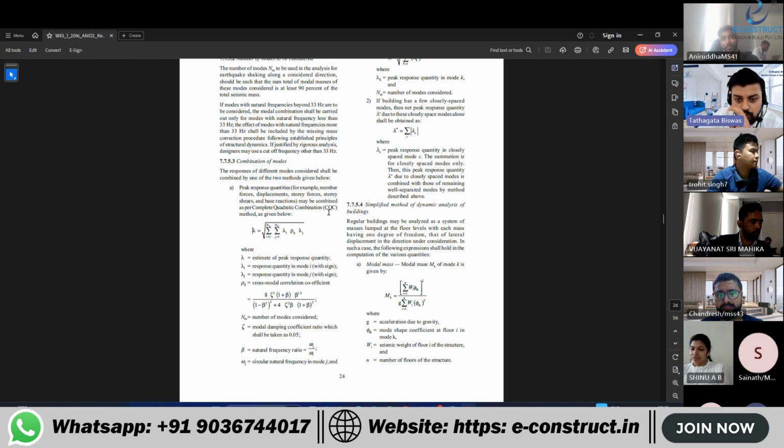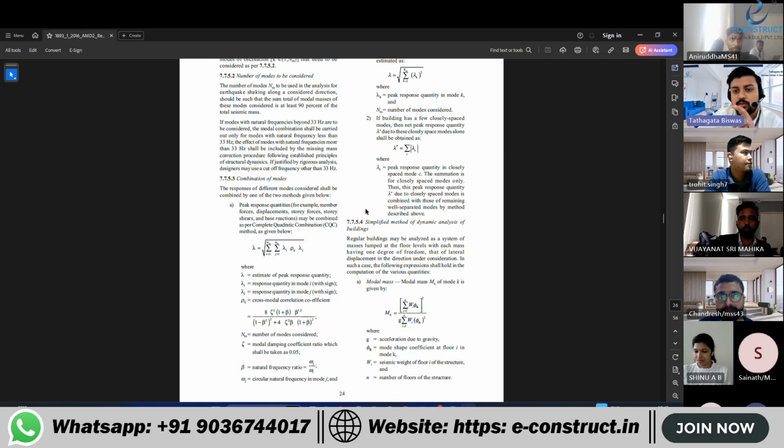The overlap or coupling between two modes is not at all considered in SRSS. That's why we say you keep the 10% difference very evidently since we are using SRSS combinations. But in CQC, even if you are not taking it, it automatically calculates how two modes react with each other.